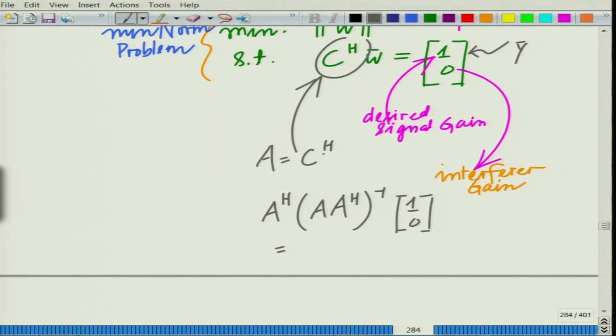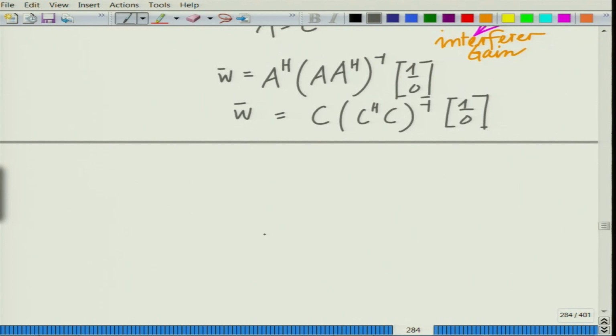Now, replacing A by C Hermitian, this becomes C times C Hermitian C inverse times 1 comma 0, and this is your desired multi-user beamformer.